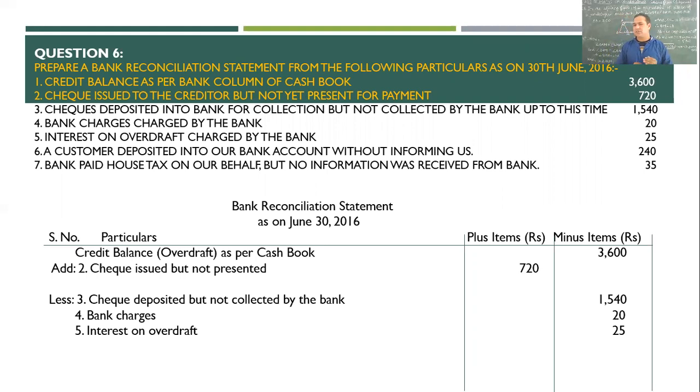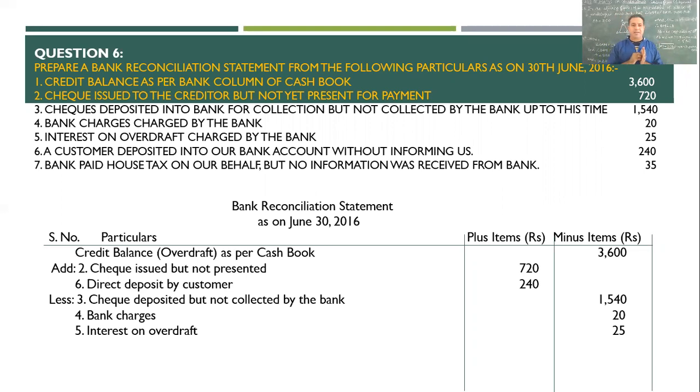So in this transaction, a customer deposited into the bank, so the balance of the bank is increased by 240, so we will also increase it. And the last one, the bank paid house tax on our behalf, but no information was received.